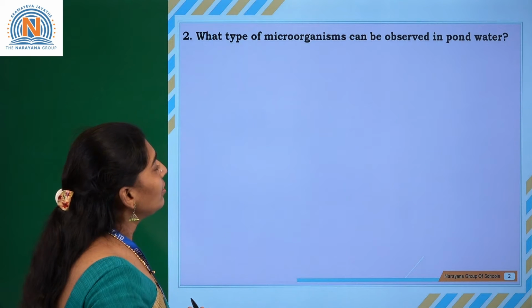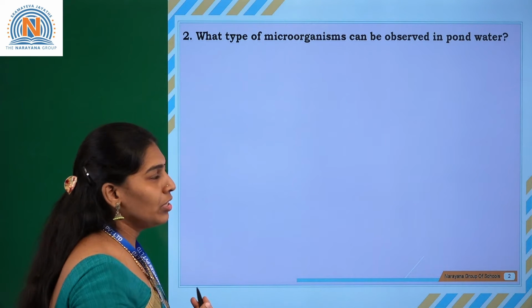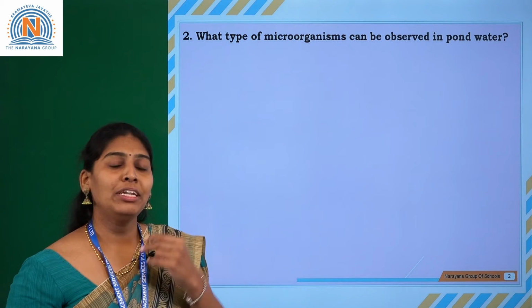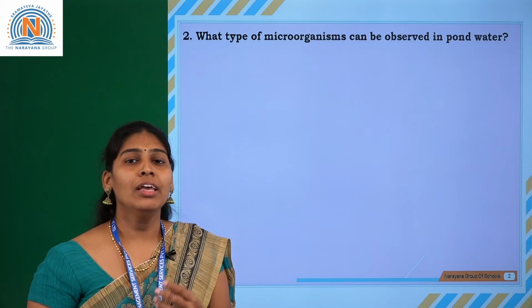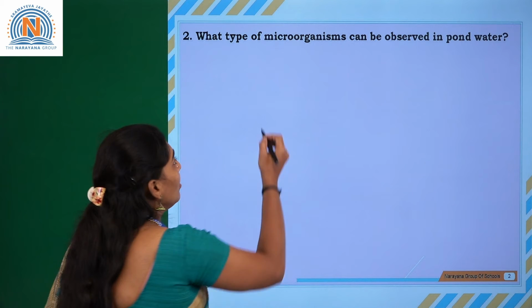What type of microorganisms can be observed in pond water? So there are two types of organisms we can find. Majorly algae and protozoans. Okay.